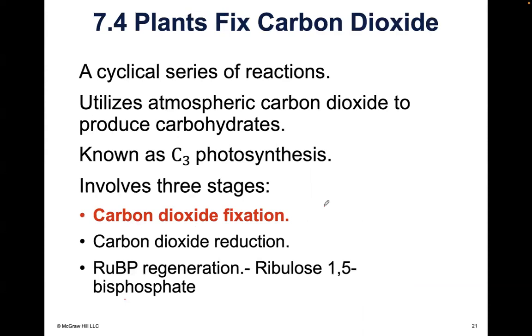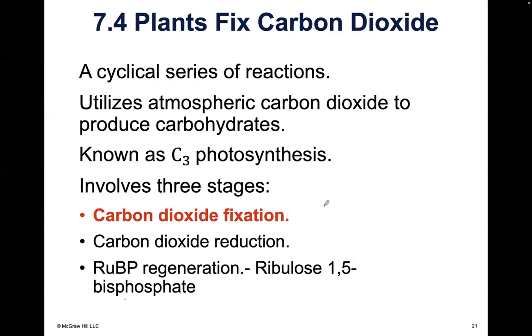How do they actually fix carbon? There's a cyclical series of reactions that takes place. These reactions utilize atmospheric carbon dioxide to produce carbohydrate. This is what is known as C3 photosynthesis.